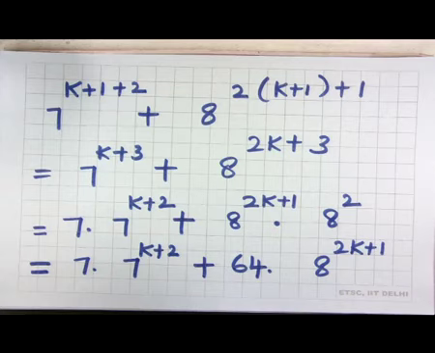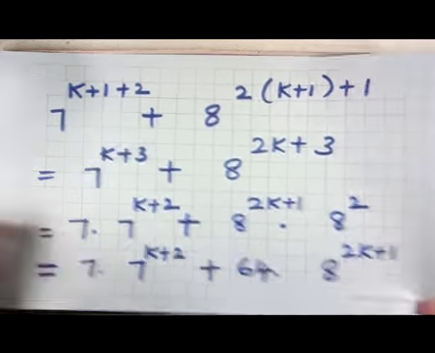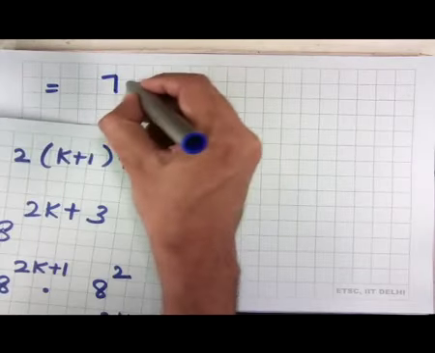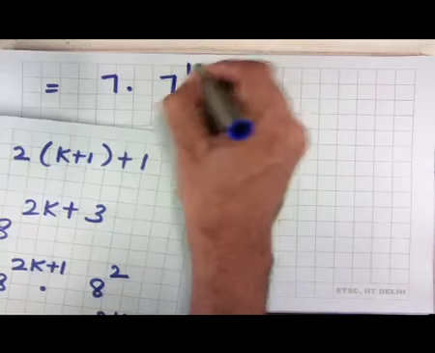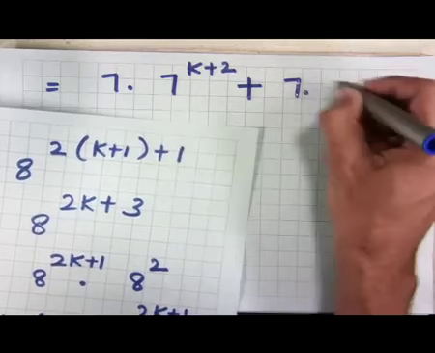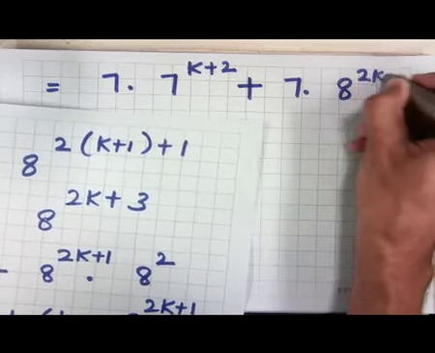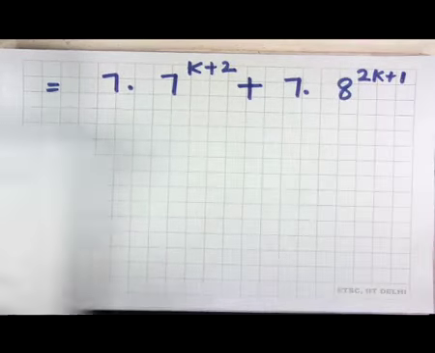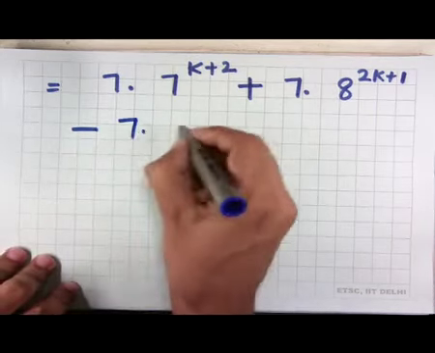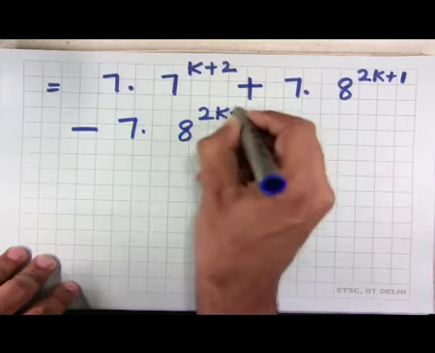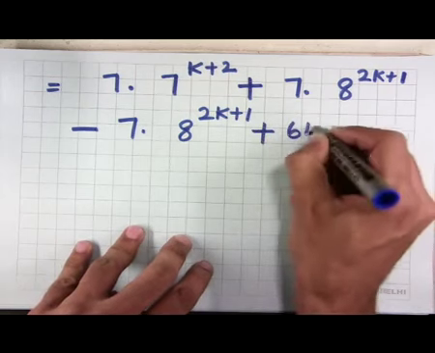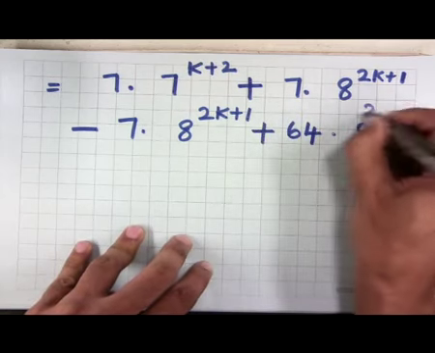Keeping that in mind, let me manipulate the RHS as follows. This is 7 into 7 power k plus 2 plus 7 into 8 power 2k plus 1. I am adding that 7 into 8 power 2k plus 1. To nullify the effect, minus 7 into 8 power 2k plus 1. And the last term I am writing as it is, 64 into 8 power 2k plus 1.